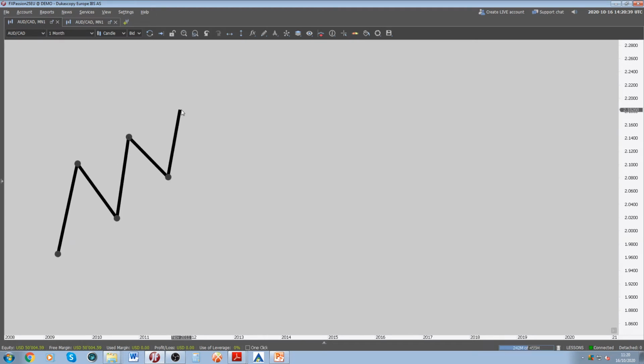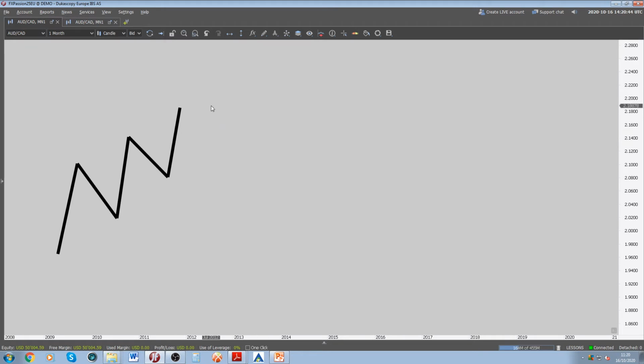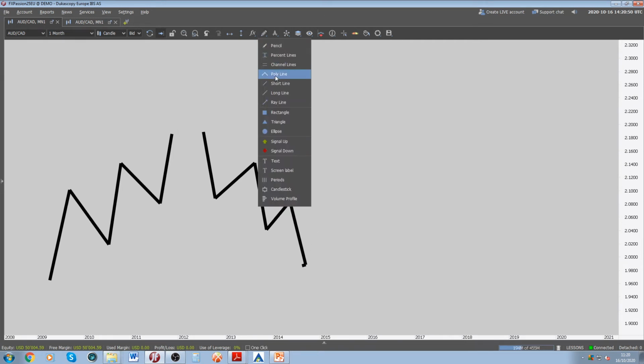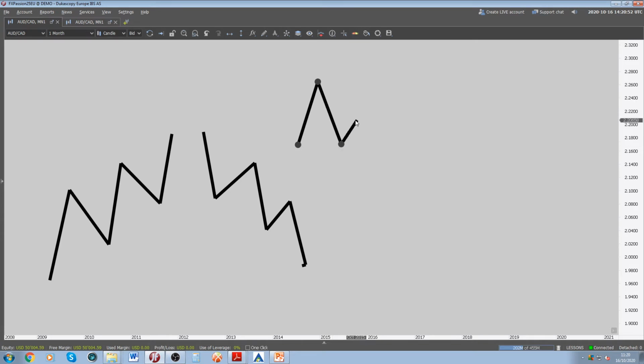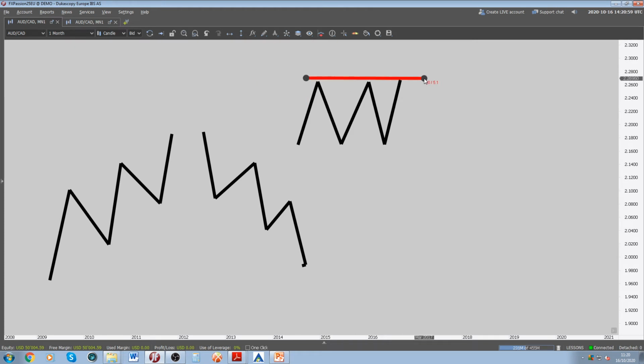The number one is the uptrend, where the market is making higher highs, higher lows. The other one is a downtrend, where the market is making lower lows, lower highs. The third tradable behavior is the so-called sideways movement, channel, consolidation, where the market is making equal lows, equal highs.